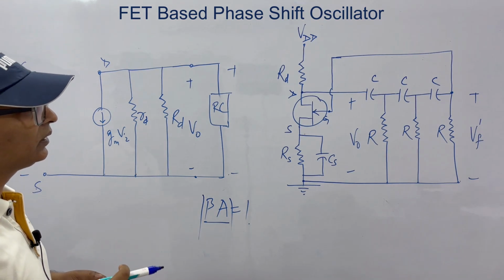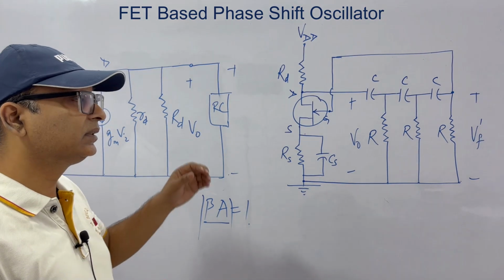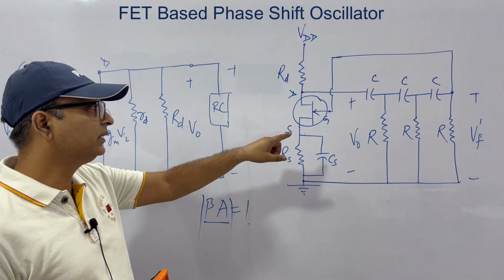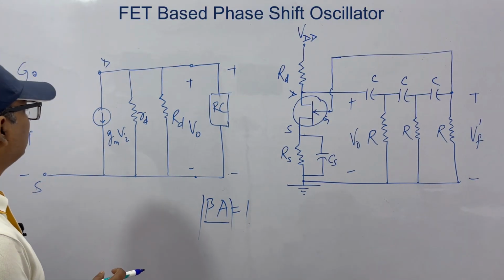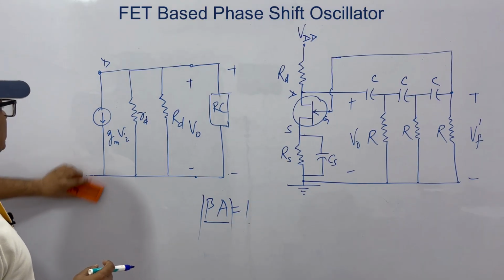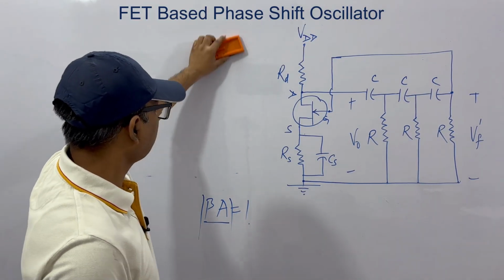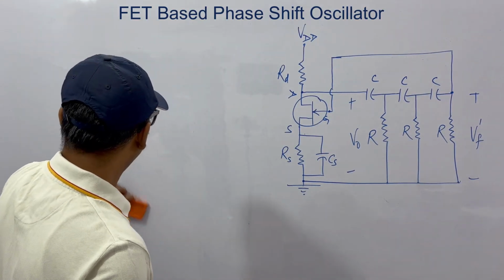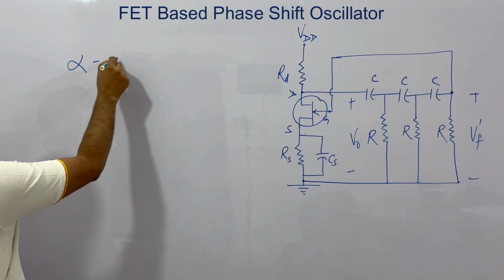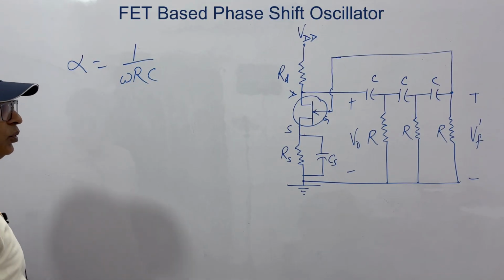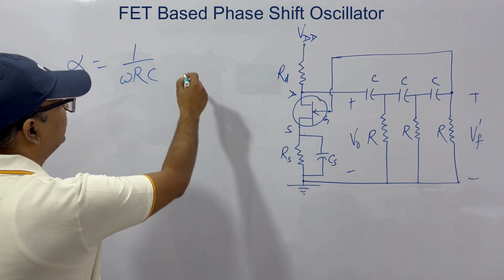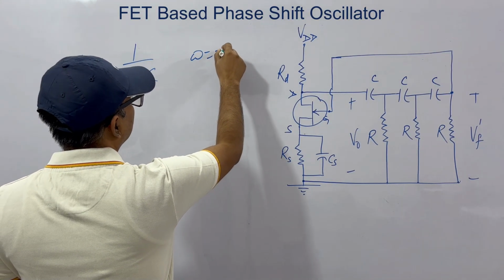Now let's see what is the value of the frequency for which this circuit will exactly do this, minus beta A equal to 1. See, our alpha is 1 by omega RC. What is omega? You know the frequency, omega is 2 pi f.